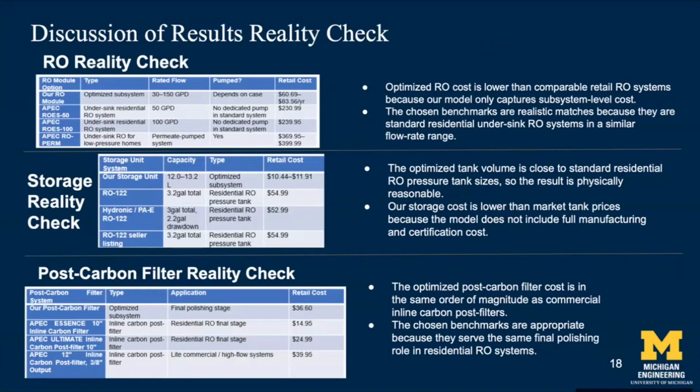For the storage unit, the optimized size is realistic, but the predicted cost is lower than the market price because the full manufacturing and certification are not included. For the post-carbon filter, the optimized cost is in the same order of magnitude as commercial inline filters, although the model appears slightly conservative.